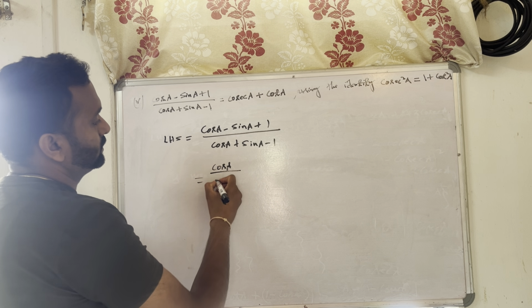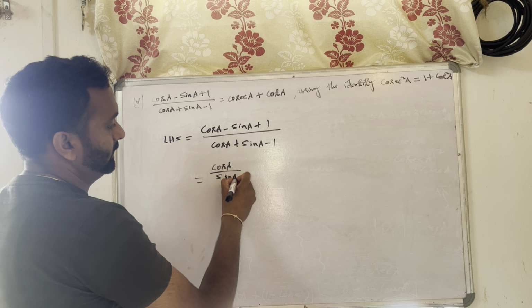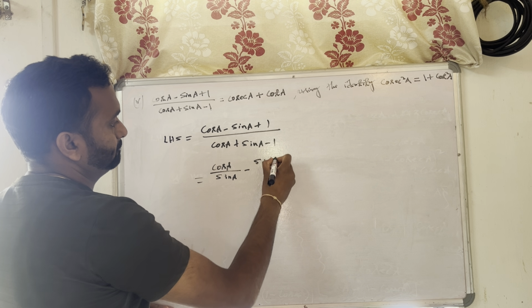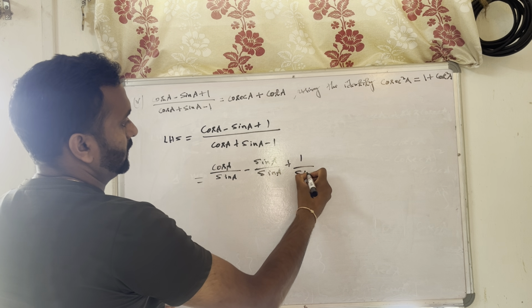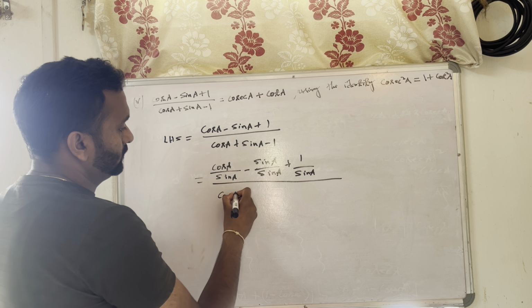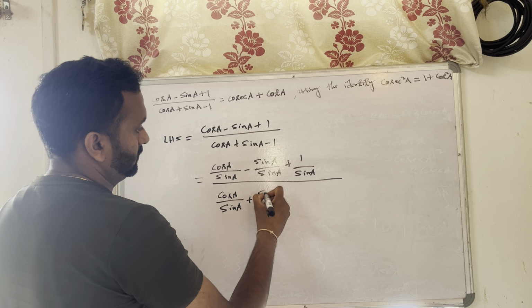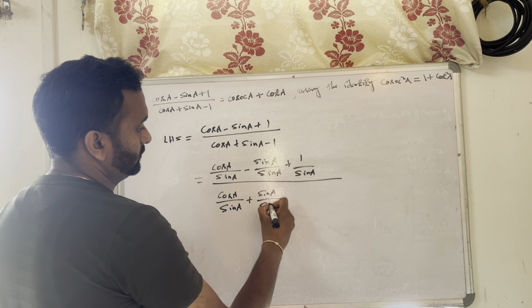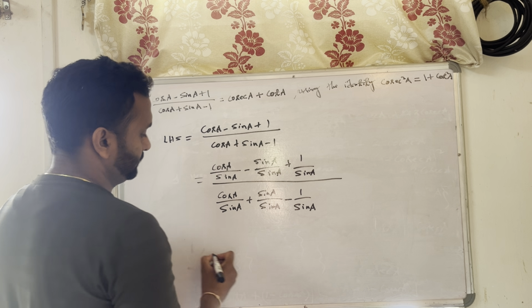Let's divide the numerator by sine. So cos a by sine a minus sine a by sine a plus 1 by sine a, divided by cos a by sine a plus sine a by sine a minus 1 by sine a.